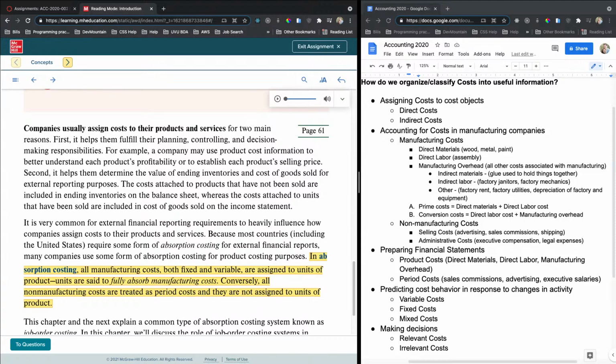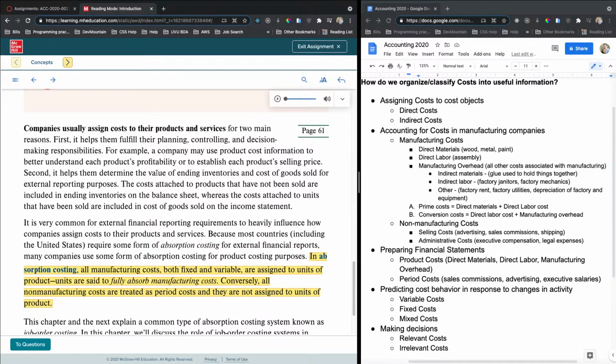It's just easier. Because most countries, including the United States, require some form of absorption costing for external financial reports, many companies use some form of this for product costing purposes.